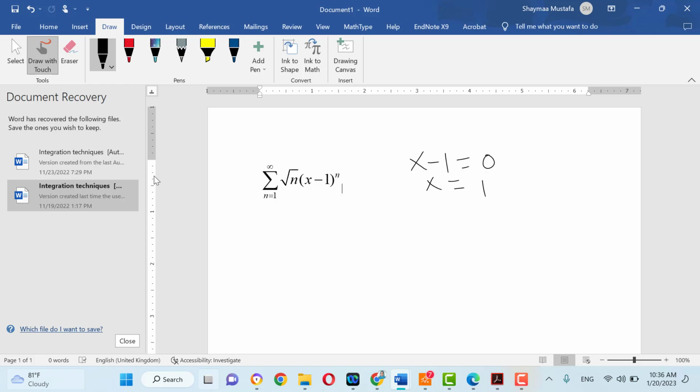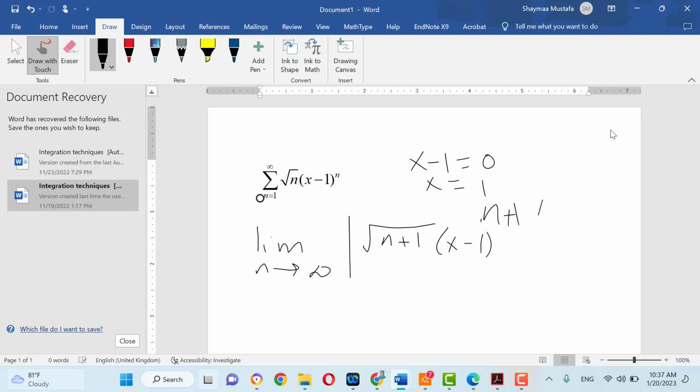Now we need to know the radius of convergence. So we have to apply the ratio test. We have the square root of n plus 1. I will replace n by n plus 1, so we get (x minus 1) to the power n plus 1, divided by the square root of n times (x minus 1) to the power n.